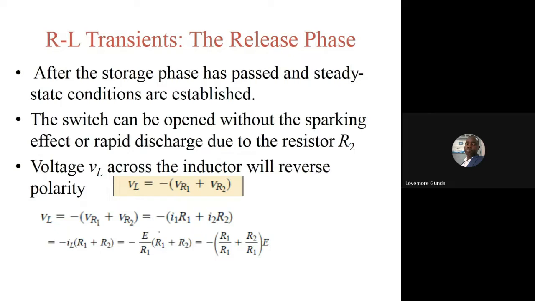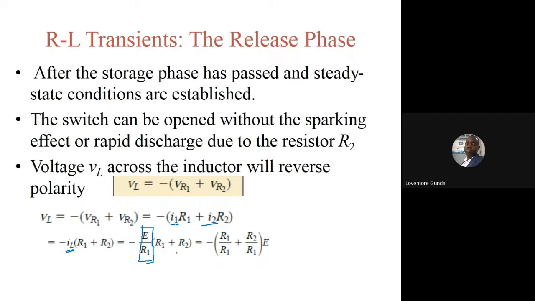Then writing these expressions, I1 and I2, since it's the same circuit we've opened, I1 and I2 are there. IL, because it's the same current flowing, right? Then our IL will be equal to E over R1 plus R2. We're talking about the instant of removing the source or opening the switch.